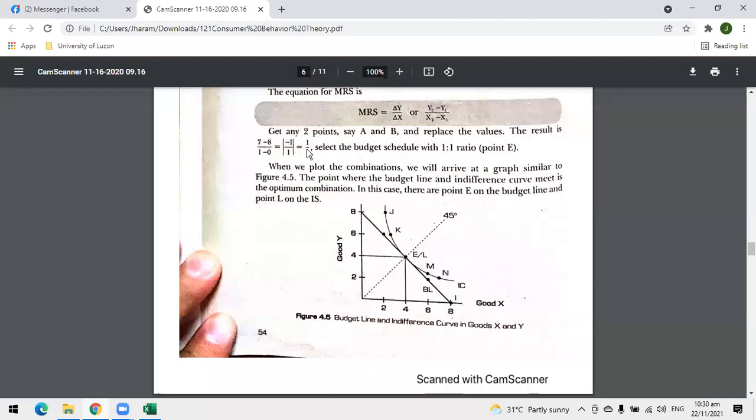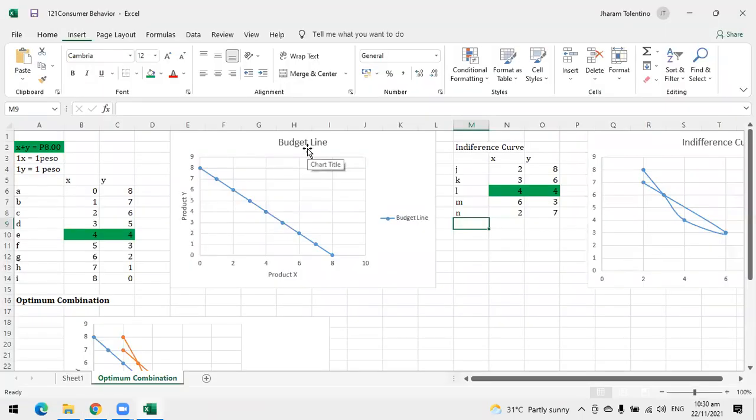So what that means, well, in layman's terms, it's very easy. Marginal rate of substitution: how much of product X do you need to sacrifice to get product Y? It's very easy, you'll see.